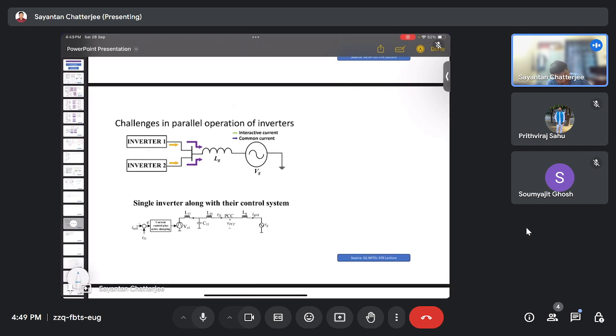So challenges in parallel operation. Here we can see inverter 1 in parallel with inverter 2. Now we have, let's say, generation capacity that needs to be delivered.